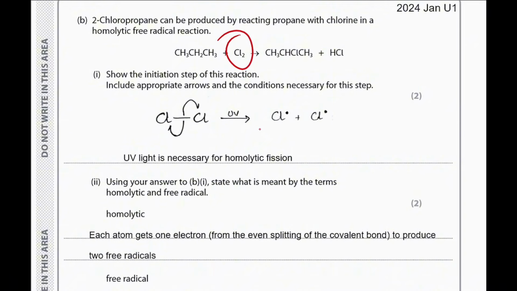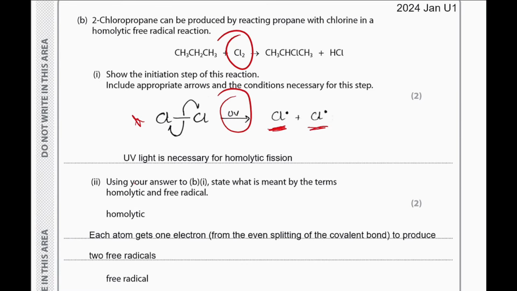Whatever fission takes place, UV radiation must be present. For homolytic fission, UV light is necessary, so in the presence of sunlight this process takes place. This results in the production of radicals, which are species with unpaired electrons.